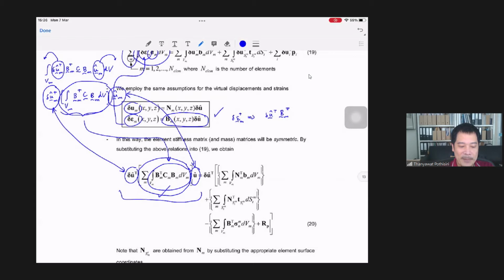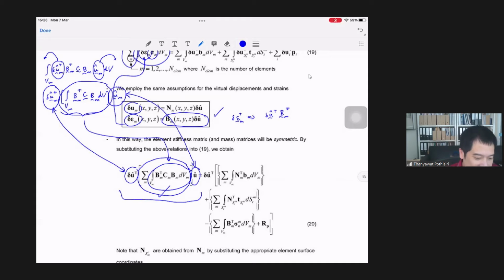Okay. So if you are able to do something like that, then you would end up with this kind of equation on your left-hand side. Okay, and that represents the internal virtual work term.